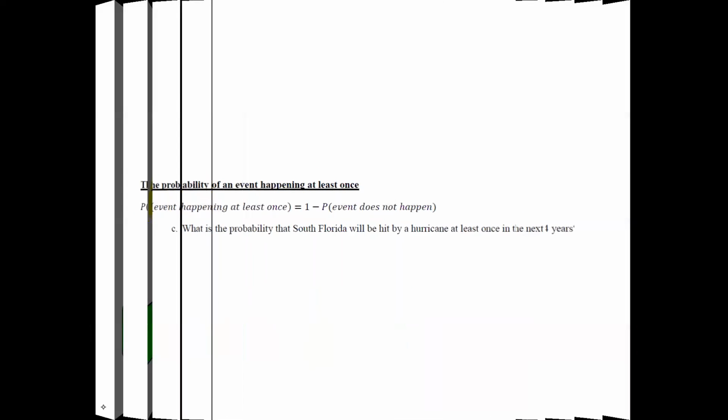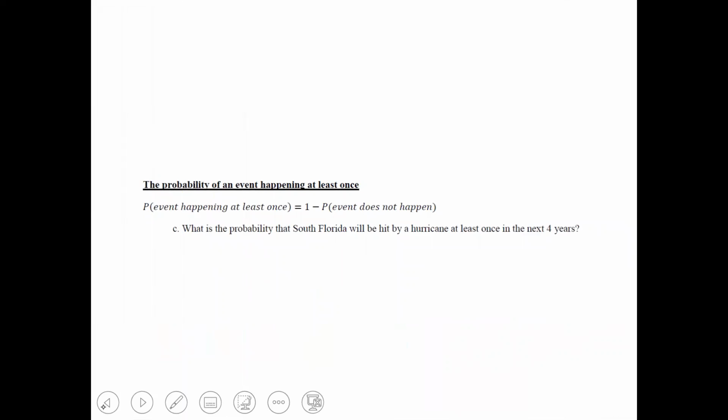All right, you guys, let's take a look at the last part right here. Go ahead and read that. So what is the probability that South Florida will be hit by a hurricane at least once, that's the key word, in the next 4 years?